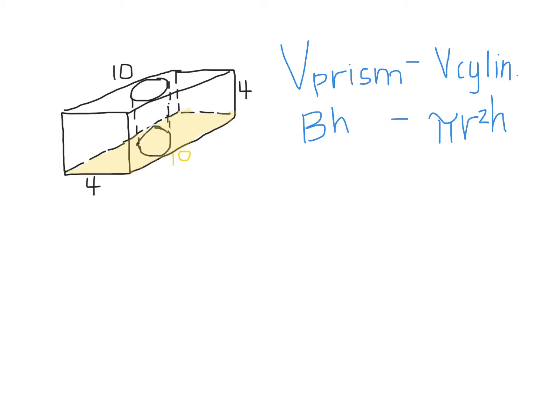So the area of my base is going to be 4 times 10, and then my height is the distance between my two bases. So my other base would be this rectangle at the top, right here. The other 4 by 10 rectangle above it that's parallel to it. So if I'm calculating the height, it would be how far apart those two bases are, which is also 4 units. So we have 40 times 4, which is 160.